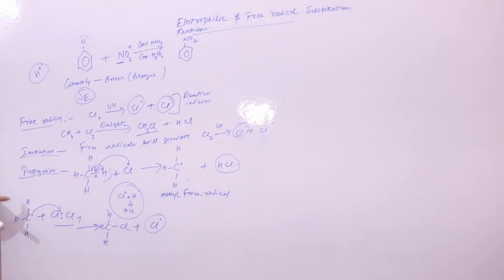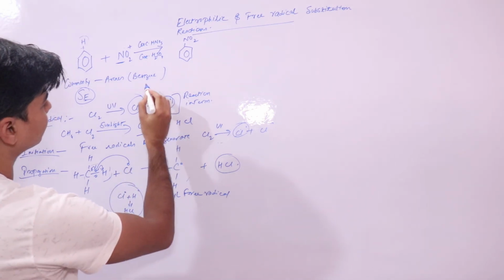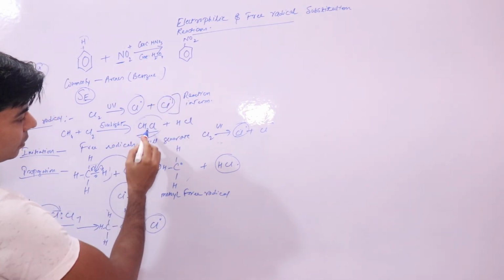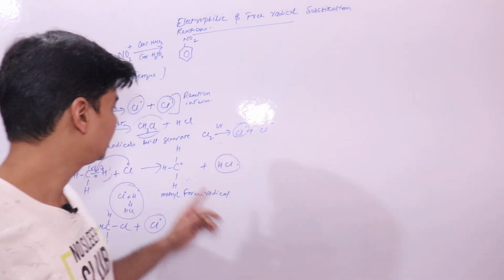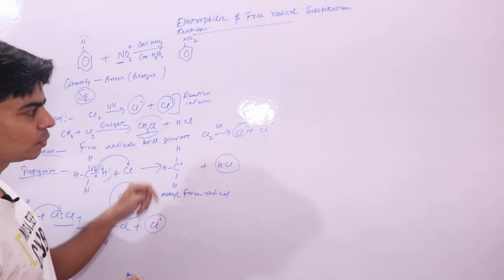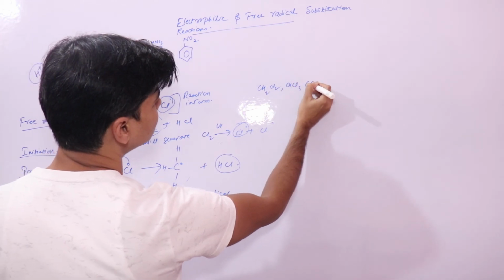We also need to look into one more thing in this propagation step, the steps A and B. These two steps reoccur with methyl chloride and subsequent products. In this reaction, this methyl chloride will further undergo substitution, where more hydrogen atoms would be replaced to form CH2Cl2, CHCl3 and CCl4.